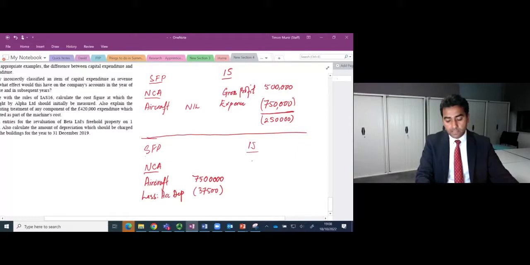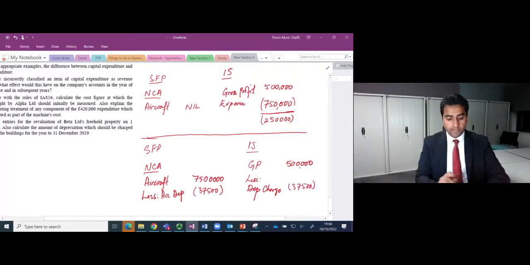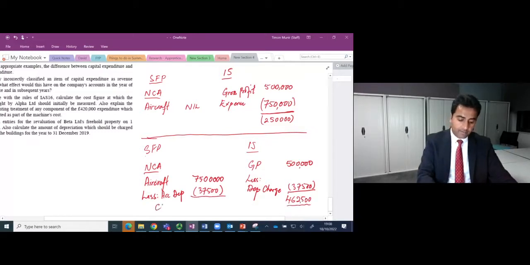In the income statement, the gross profit, which is 500,000, less depreciation charge of 37,500 would have been recorded, showing an overall profit of 462,500, and the carrying value of the asset would have been 712,500.